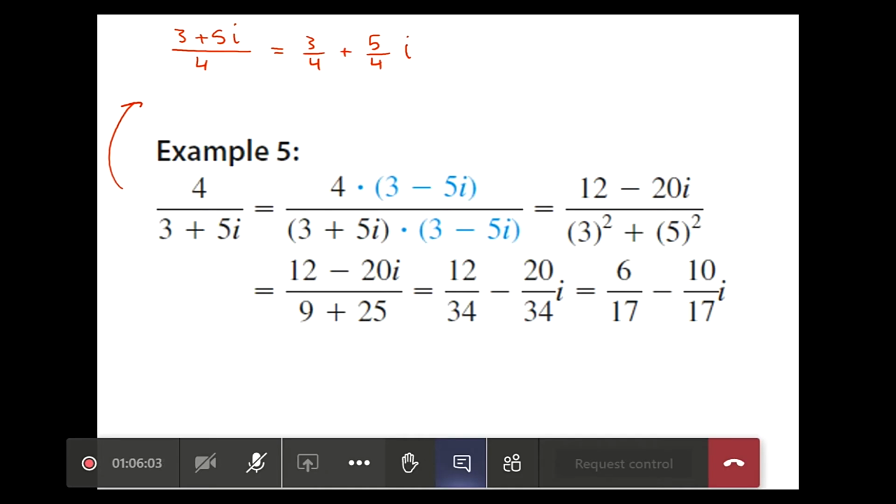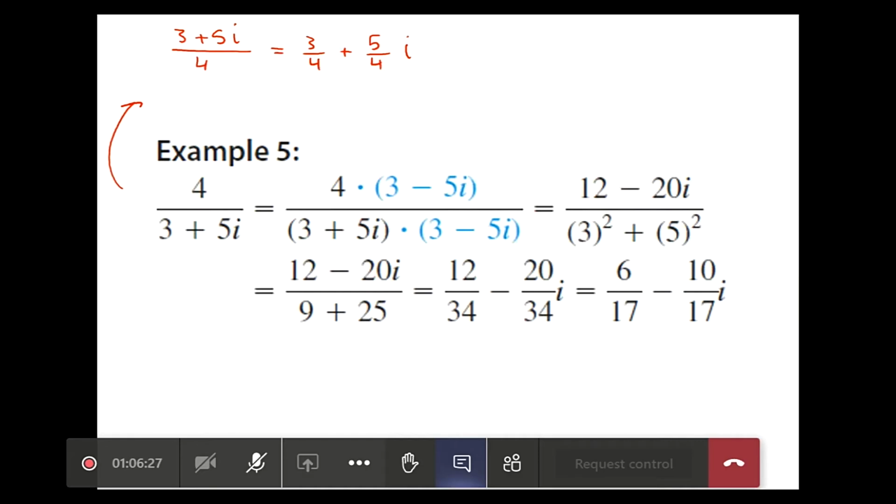If we divide a complex number over a real number, no need for the conjugate. But if we have a complex number in the denominator or in both numerator and denominator, we need to find the conjugate, or we need to multiply by the conjugate.